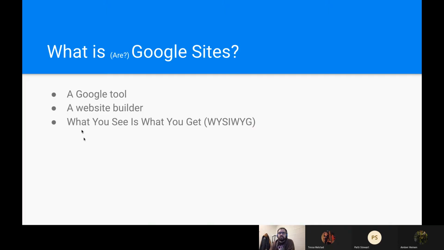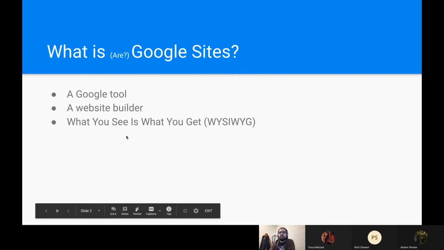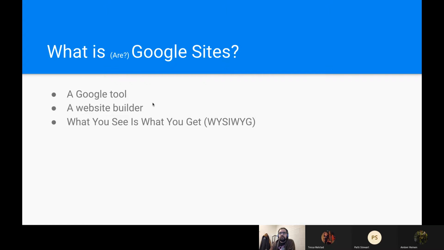So Google Sites is a Google tool that allows you to build a website. And it's based on the idea of what you see is what you get, meaning that the editor shows you exactly how the site is going to look when you create your stuff.